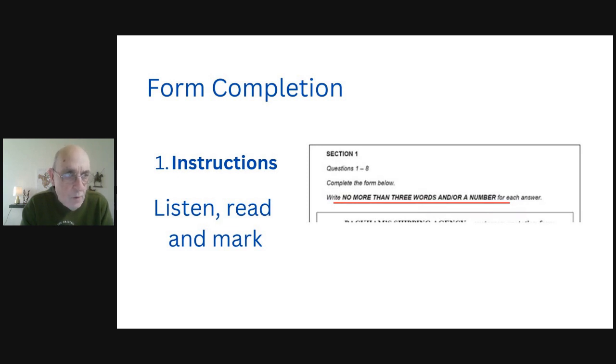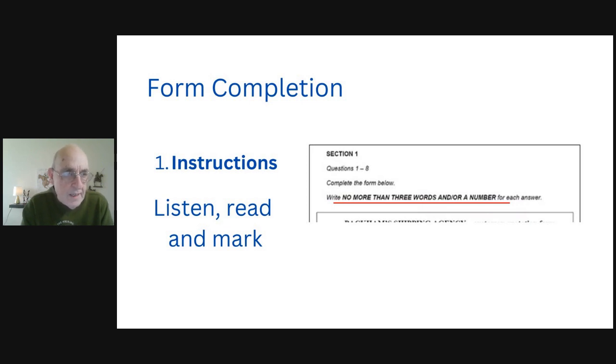You won't get halfway through a set of questions and then have to go back and check how many words can I use, or can I use a word and a number together? So it's really important to read them carefully, underline them, and make sure that you've completed this important step.